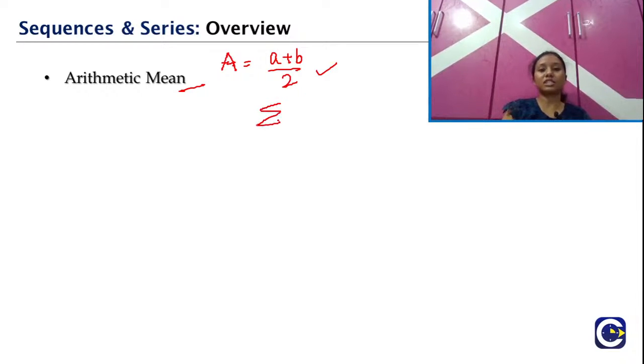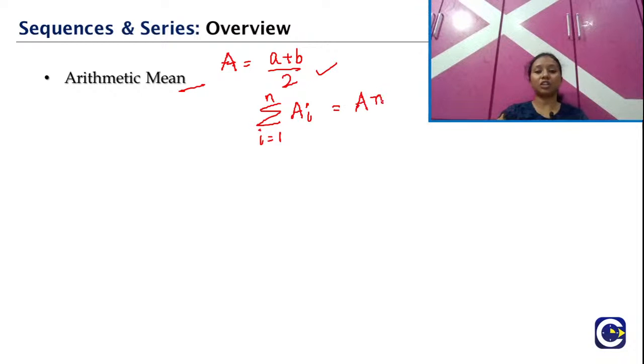The sum of those inserted arithmetic means, that is sigma A_i where i goes from 1 to n, is given by capital A times the number of inserted arithmetic means, where A is the average of the two numbers between which we inserted the n arithmetic means.